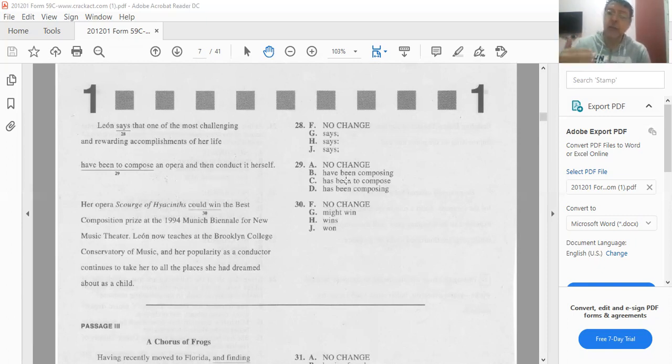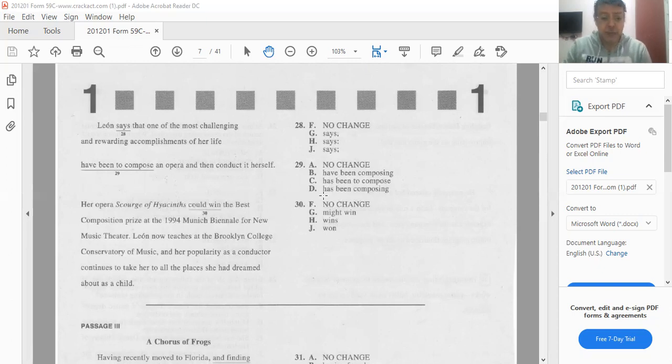We have a singular subject since she says one of the most challenging accomplishments. So one would be something singular. So the verb should follow the subject and become singular. So instead of have, we just change it to has been to compose. So C is the best answer.